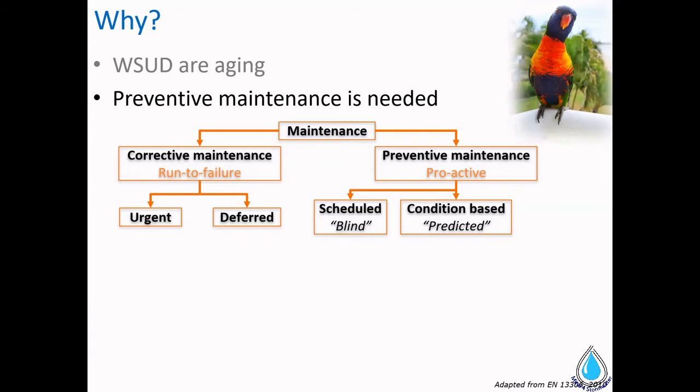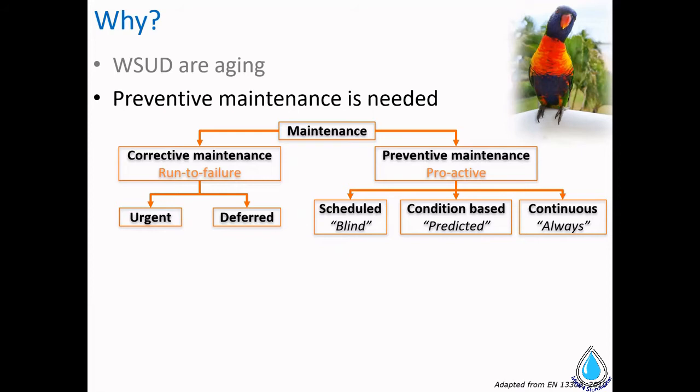In this case, you need a deterioration model of each asset, and you will base your inspection on the predicted condition. But this is very difficult or impossible for now for WSUDs because we don't have enough data to build accurate condition deterioration models. So one other way would be to continuously monitor all the assets.